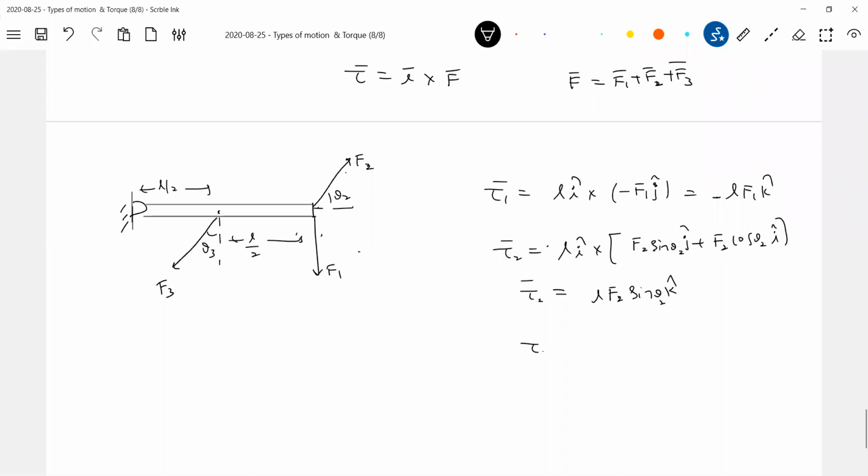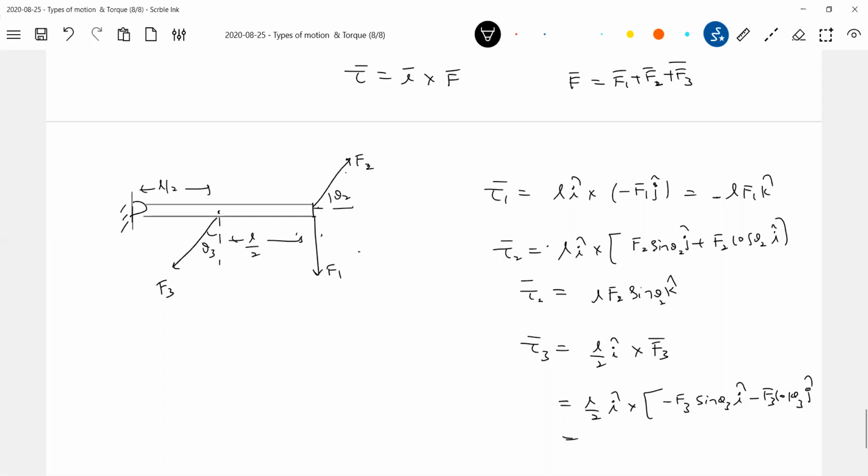Now what about torque due to this one? Tau 3 should be equal to L by 2 i cap cross F3 bar. What is F3 bar? F3 bar will be F3 cos theta 3 i cap minus F3 sine theta 3 j cap.